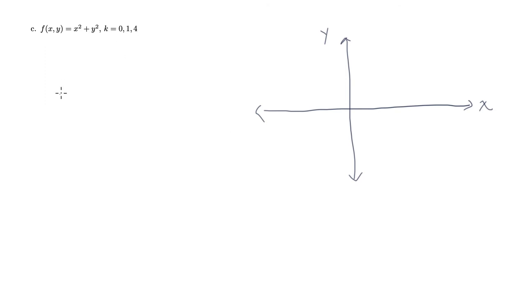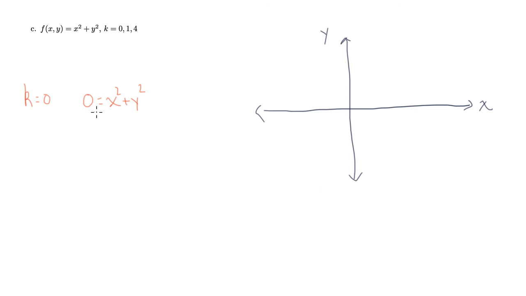So if k equals 0, then we have the equation 0 equals x squared plus y squared. But this is extremely restrictive because x squared plus y squared is greater than or equal to 0. But here it's just equaling 0.